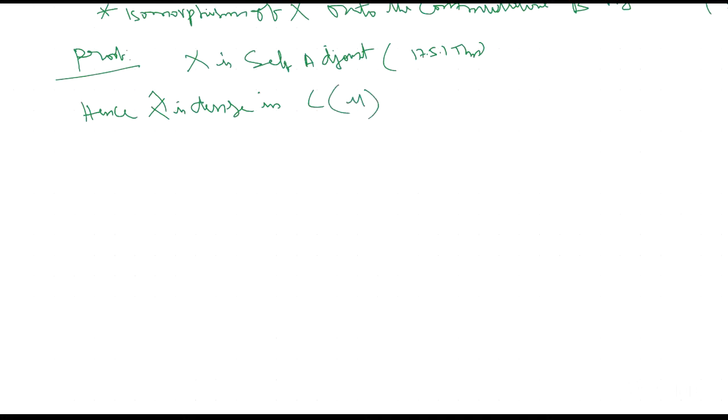Since X is commutative, every element of X is normal.